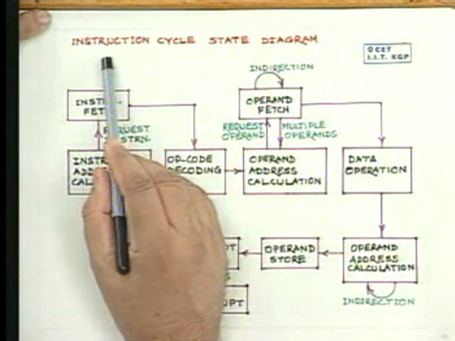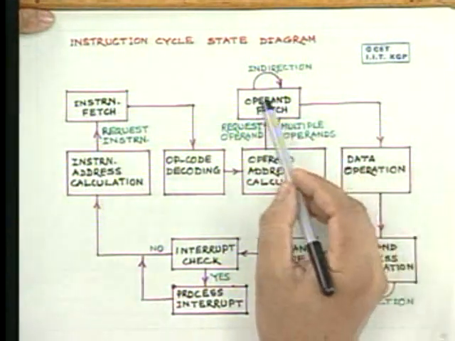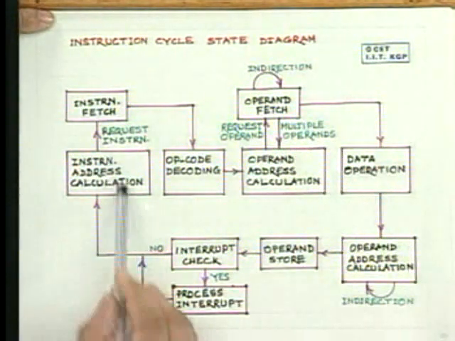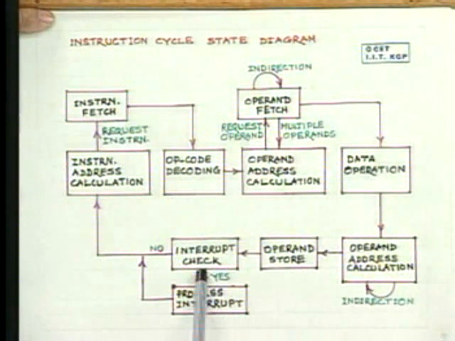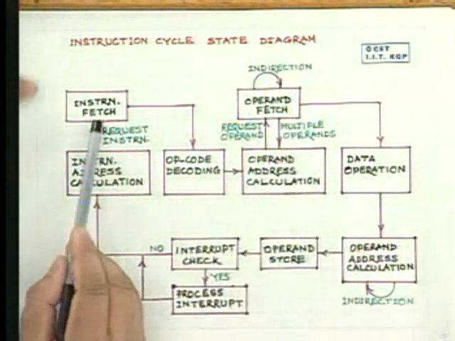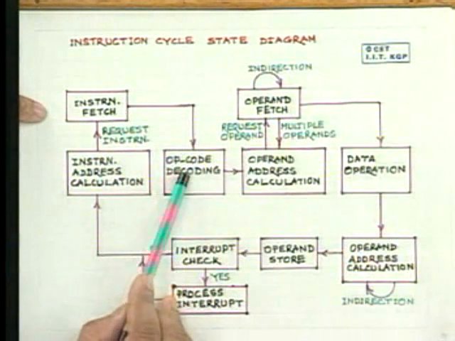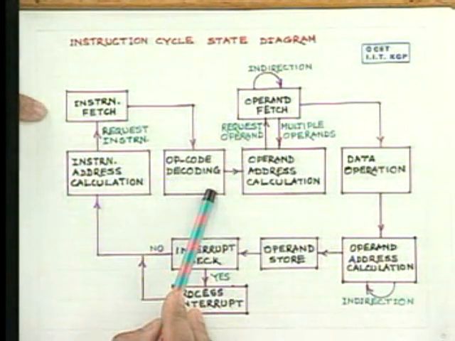Now, just to give a glimpse of how an instruction cycle may turn out to be in the case where the number of operands is more than 1, I am showing a typical instruction cycle state diagram. Here you see that instruction fetch has taken place. Then it comes to the opcode decoding.